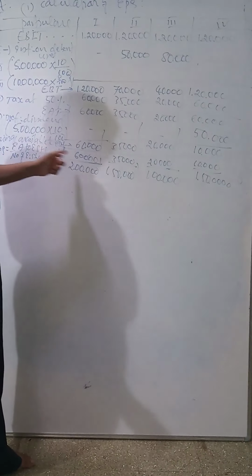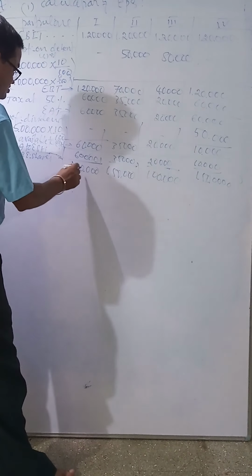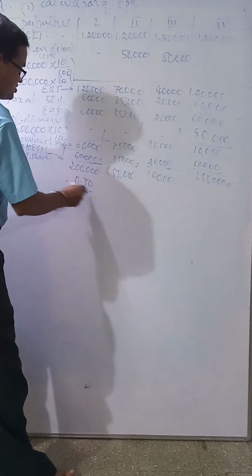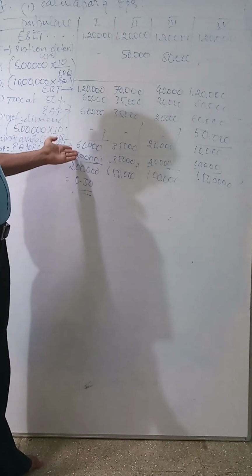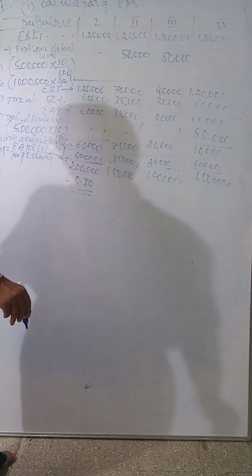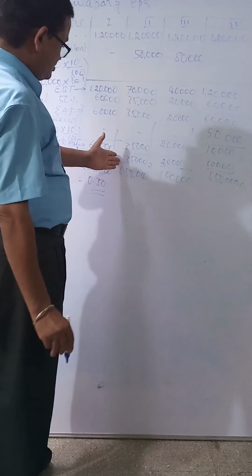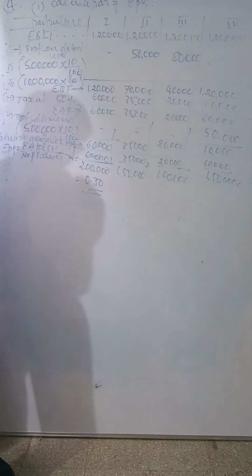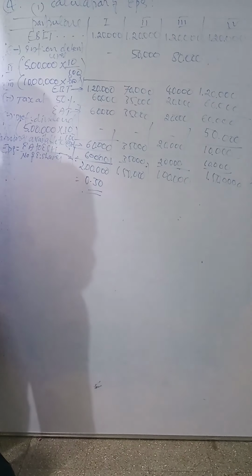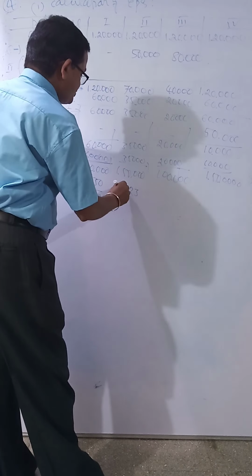Understand? Earning per share equals earning available to equity shareholders divided by the number of equity shares, which we already calculated. So 60,000 divided by 2 lakh is 0.30. 35,000 divided by 1,50,000 is 0.23, which means 23 paise.